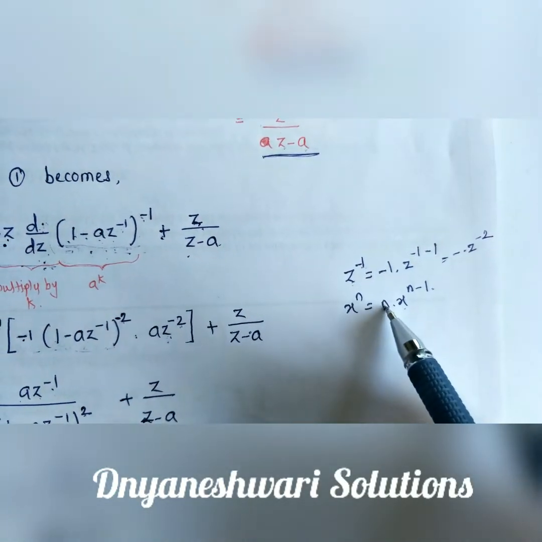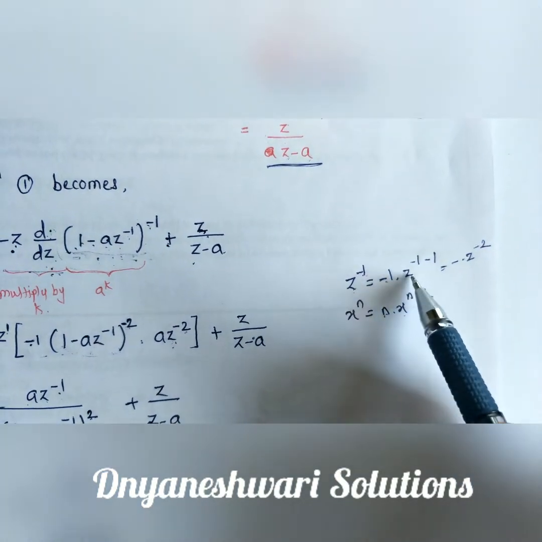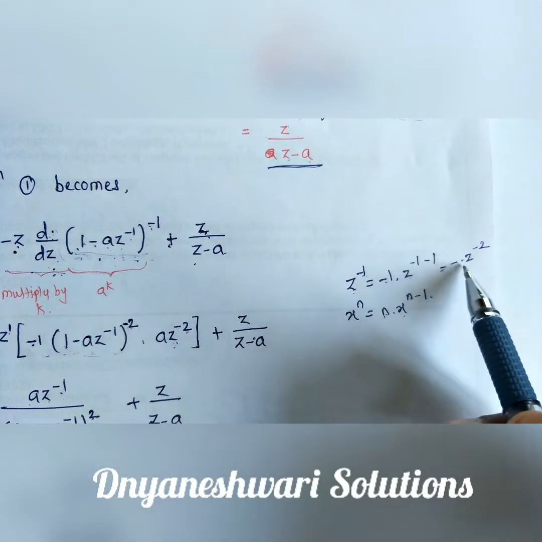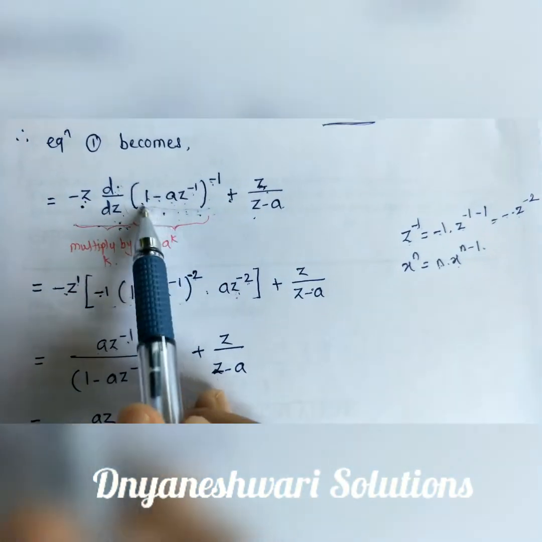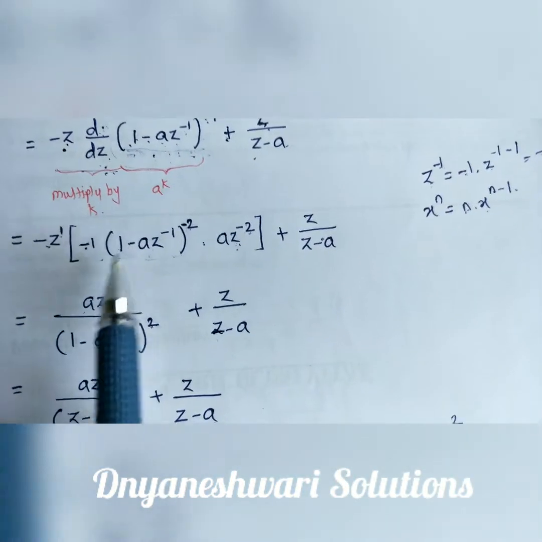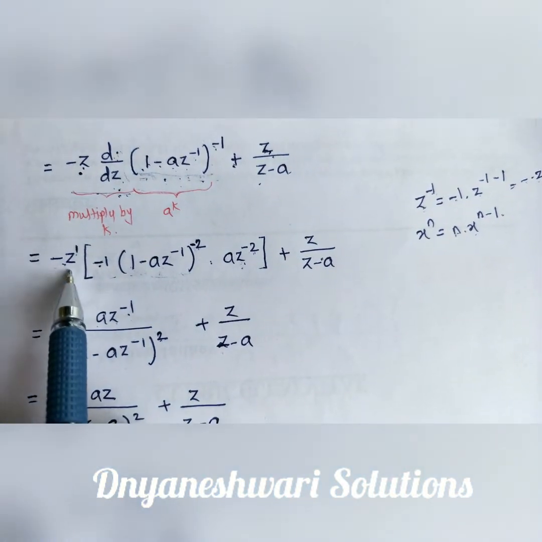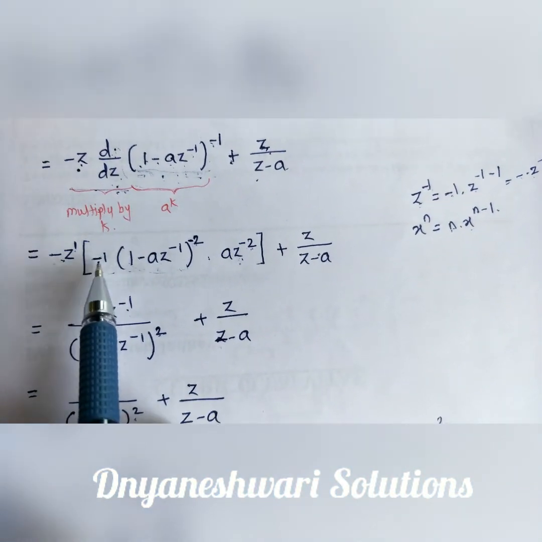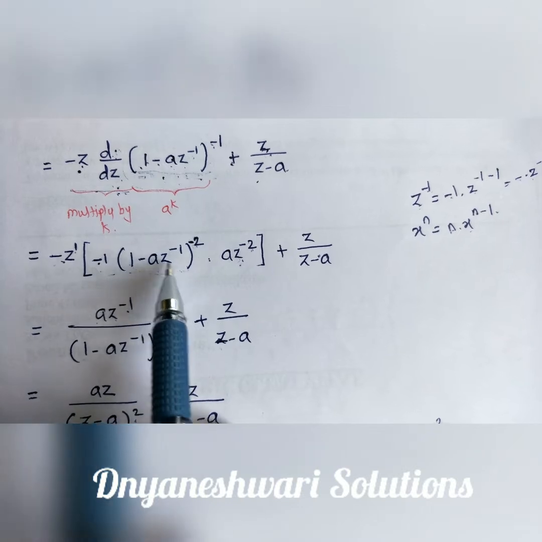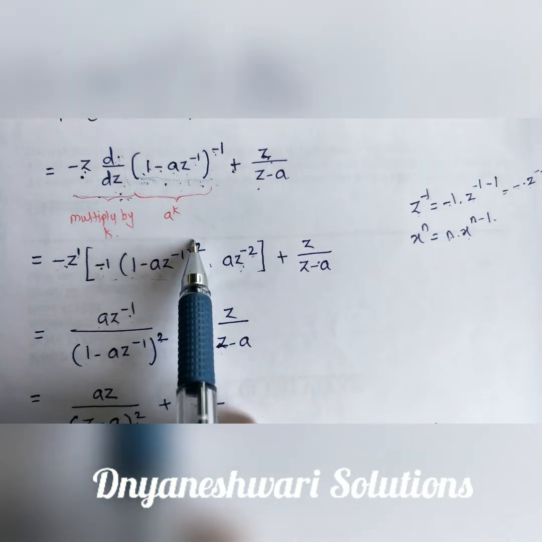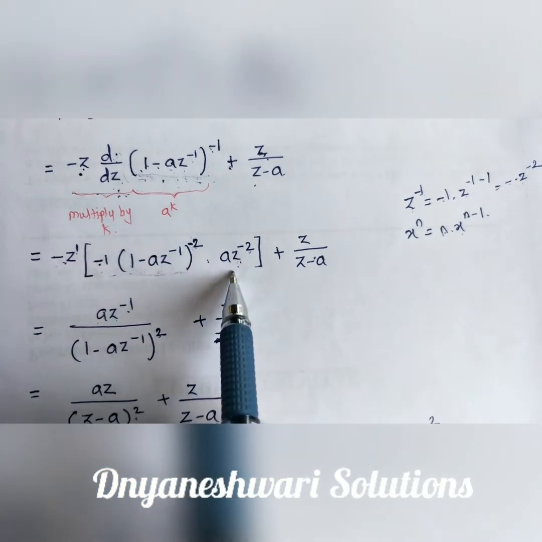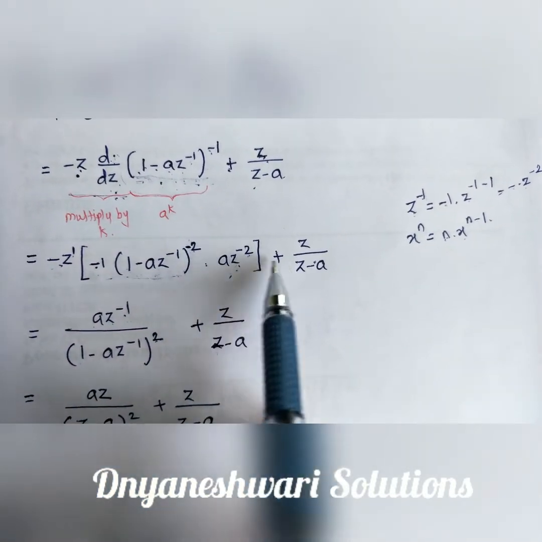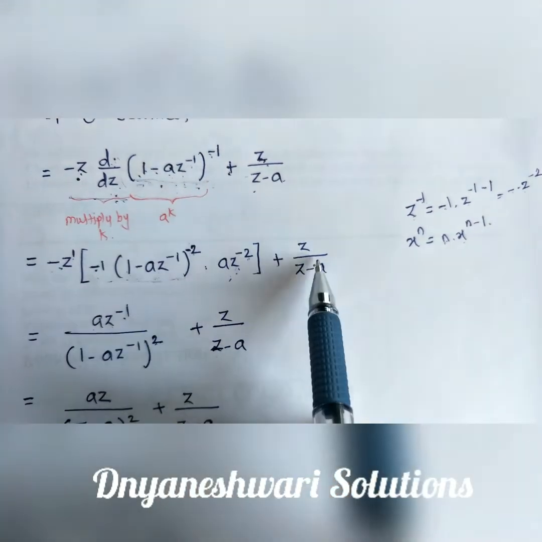Substitute the value of n as minus 1, that is minus 1 into z raised to minus 1 minus 1, that is minus z raised to minus 2. What is our z? This is our z. So substitute the value, that is minus z in bracket, minus 1 into (1 minus a z raised to minus 1) whole raised to minus 2, and which term we treat as z, find the derivative of that z again. Plus this term, take as it is.